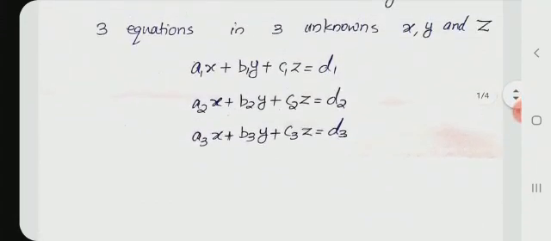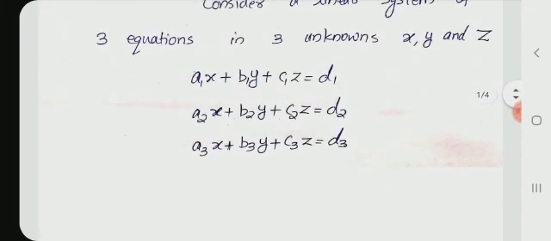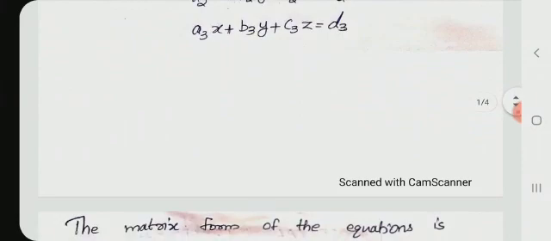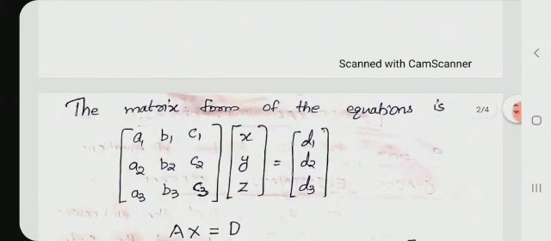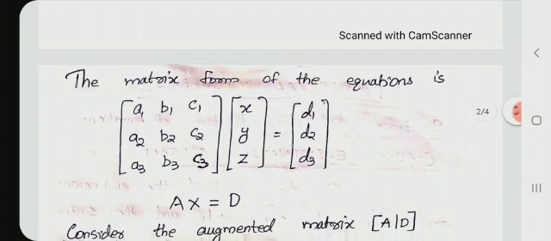This is the matrix form of this system of equations, where the first matrix, that is the 3 by 3 matrix, is the coefficient matrix, and d1 d2 d3 is the constant matrix.